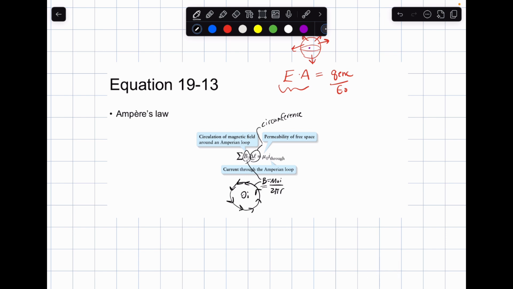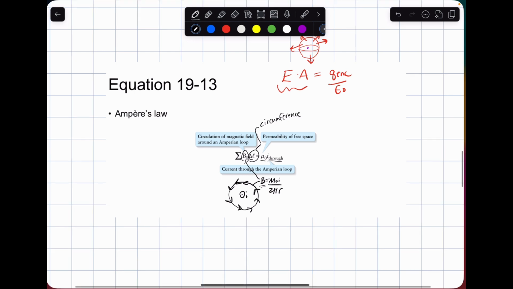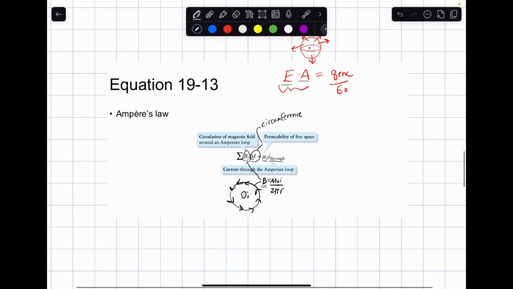That is going to be equal to mu naught times the current running through that loop or that circle, okay? So you can see the similarities here, right? Instead of in Gauss's law looking at electric field penetrating an area, we are looking at the magnetic field created by that current along a loop, okay?